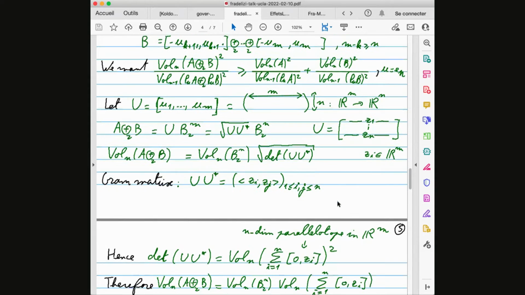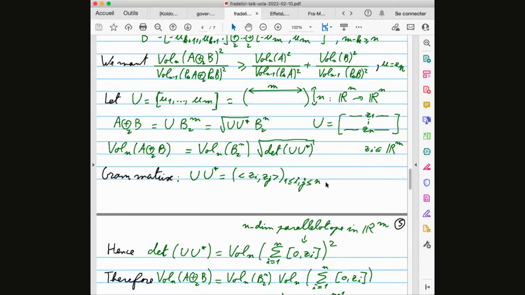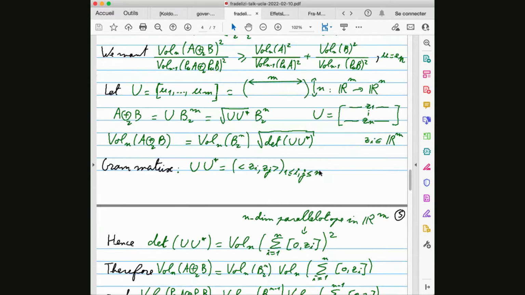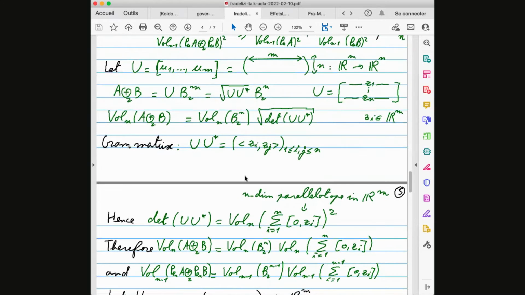And it's well known and well studied and explained in small classes in university that the determinant of this Gram matrix is just the square of the volume of the parallelotope defined by these vectors Zi. Okay.